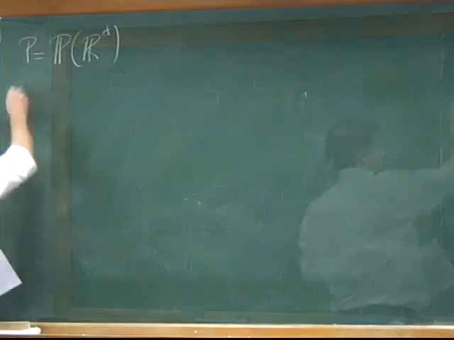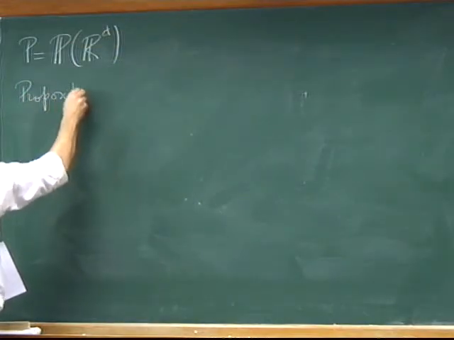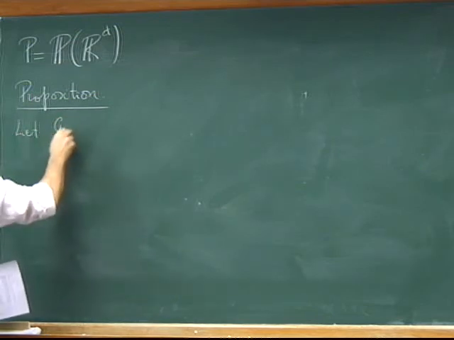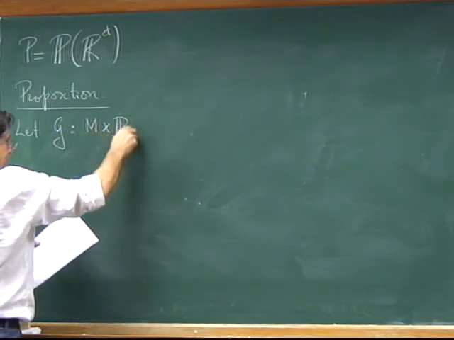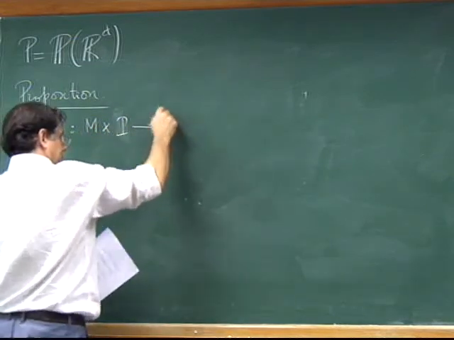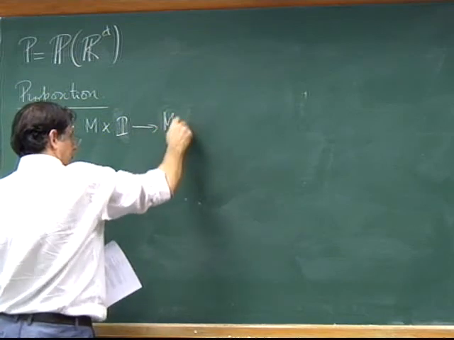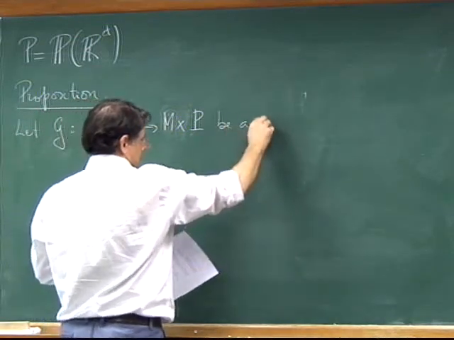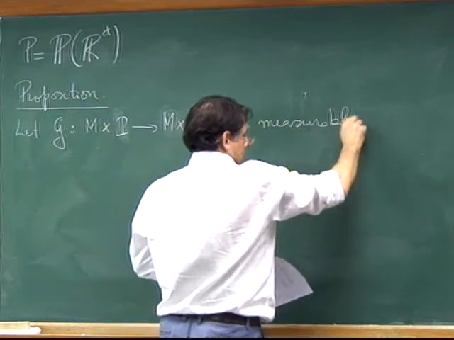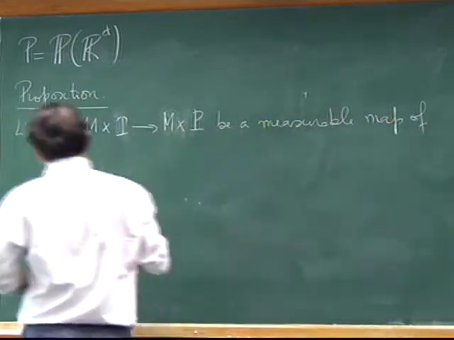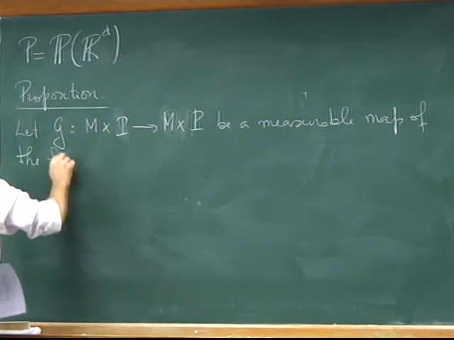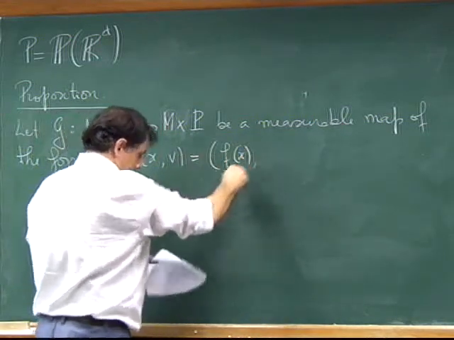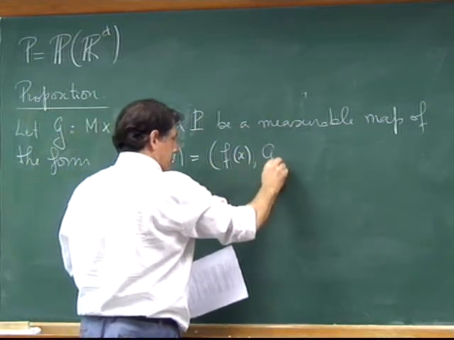Okay, so here is the proposition. Let G from M×P to M×P be a skew product, a measurable map of the form G(x, v) = (f(x), g_x(v)).